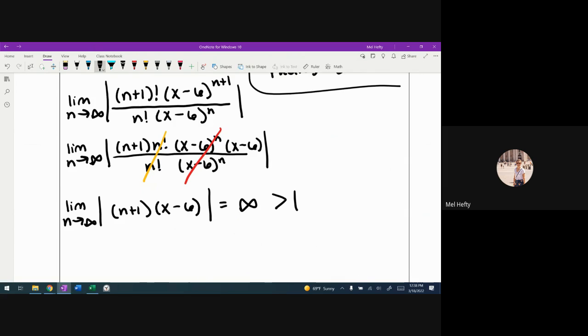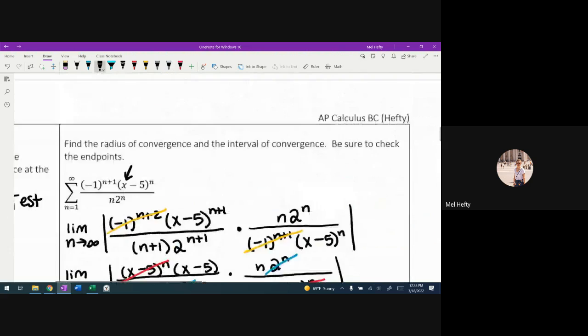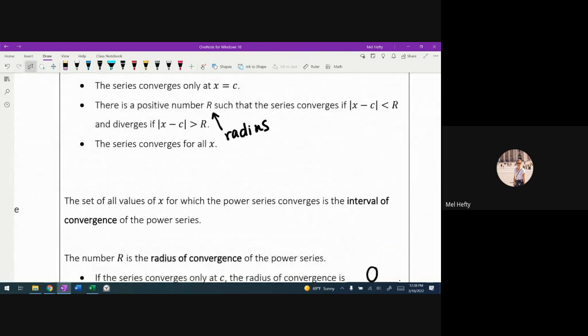So what did this usually mean for us? Usually it meant diverge. Now, I want to show you a very specific place because I didn't give you an option up here, and I'll scroll back down. I didn't give you an option up here of, hey, this diverges everywhere. The option we're at is actually the first option where we converge only at our center.